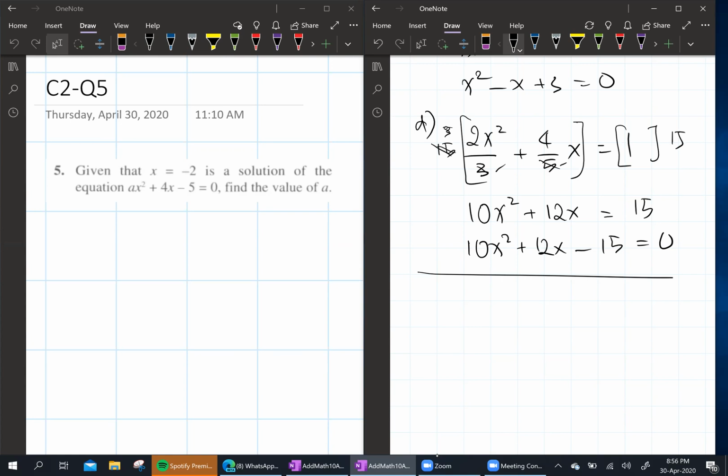So my answer is negative 13 over 4 for A. You recheck and see.